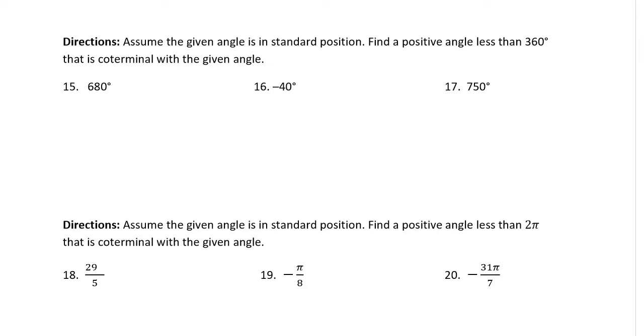The directions for the first few problems say to assume the given angle is in standard position, and find a positive angle less than 360 degrees that is coterminal with the given angle.